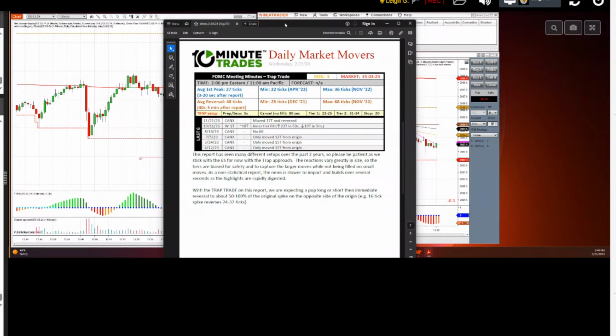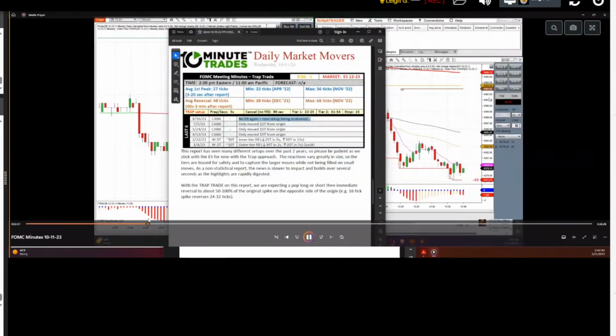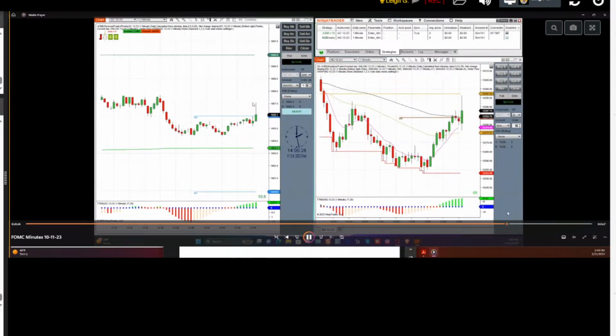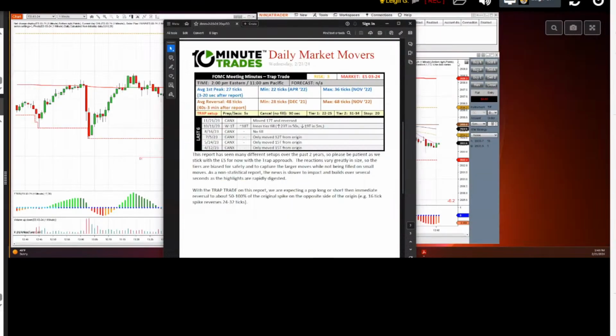Let's look at October. Let's put some graphics onto the trade. Here was the October setup as a trap up. Let me get the correct setup. I've got to get my testing, because we've been trying the NQ forever and ever as a breakout on FOMC minutes, and it's just mediocre at best.